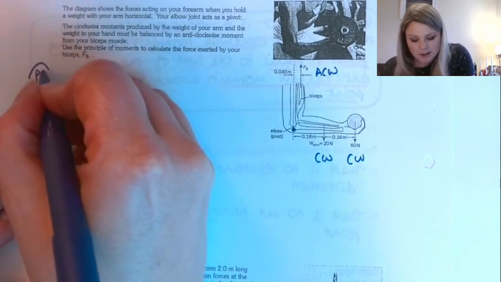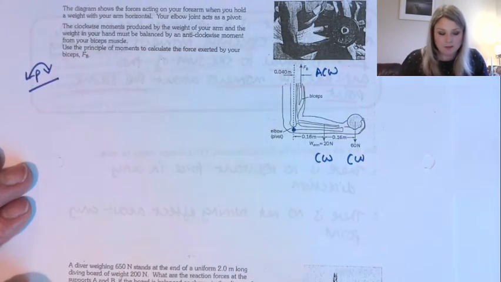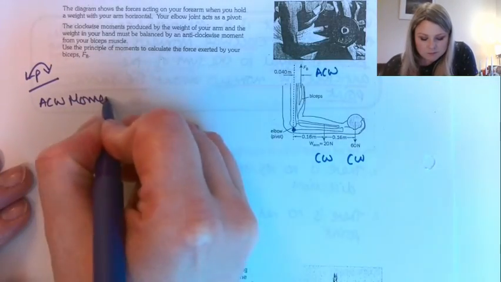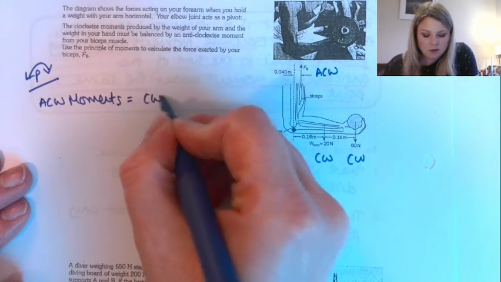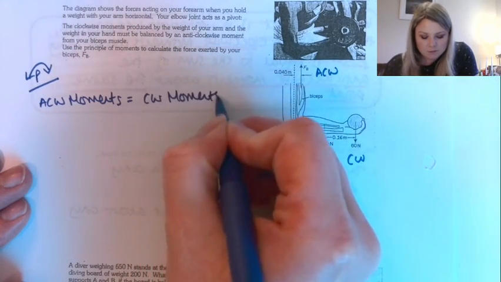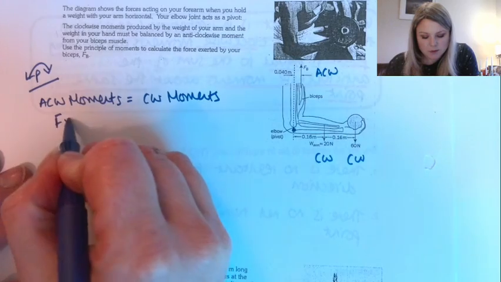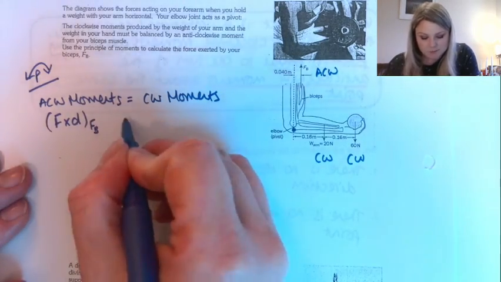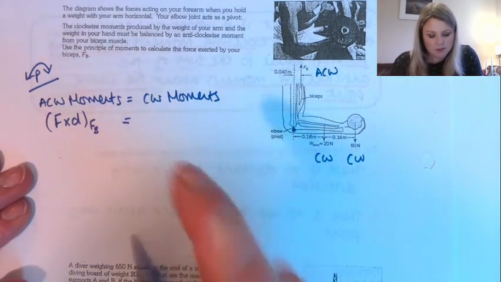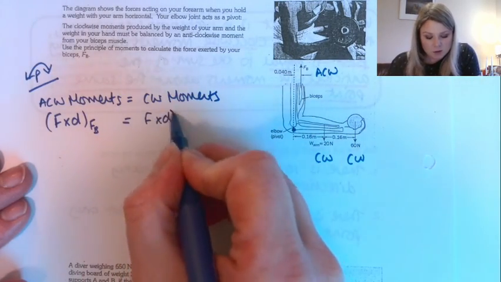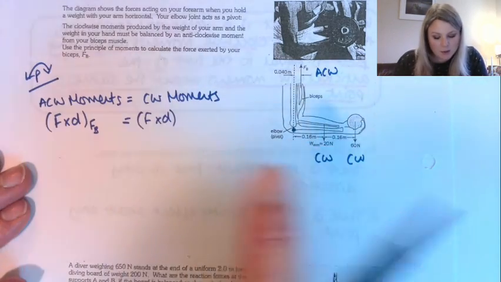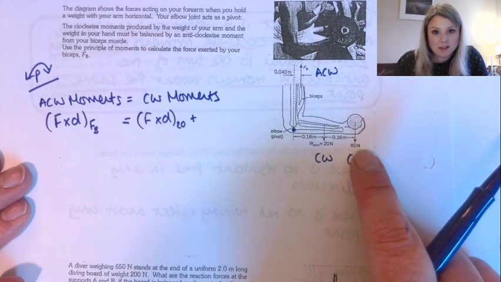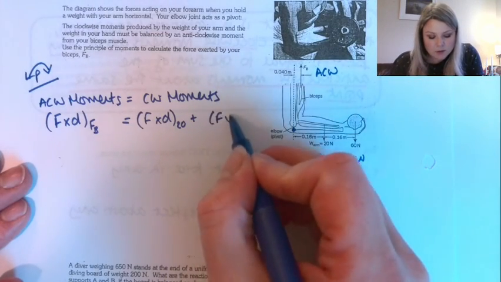So start off by saying I'm going to take moments about this pivot, and then anti-clockwise moments are equal to clockwise moments. Anti-clockwise is the force multiplied by the distance. The only one we have is this one, so that's for FB. And then clockwise, we've got both of these. So we'll have the force multiplied by the distance for this 20 newtons, plus the moment of this 60 newtons one, force multiplied by distance.